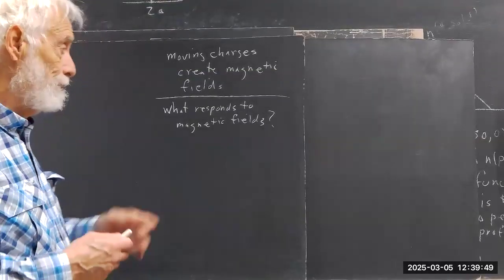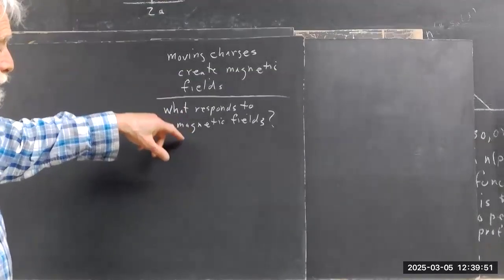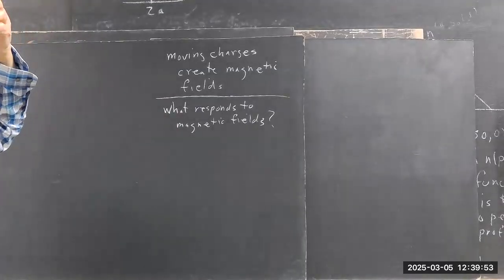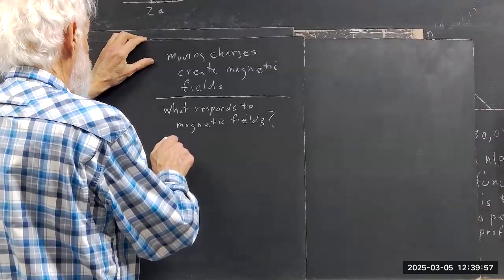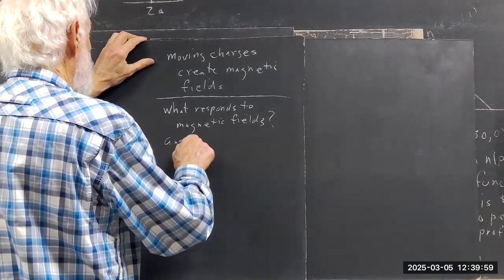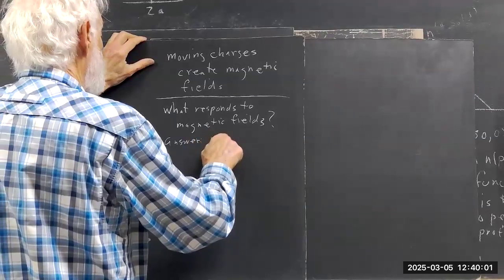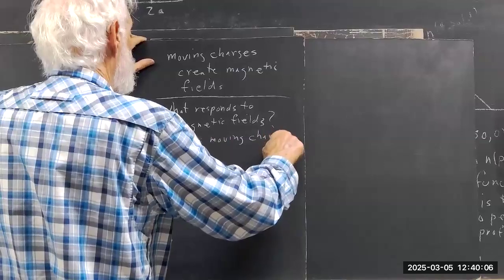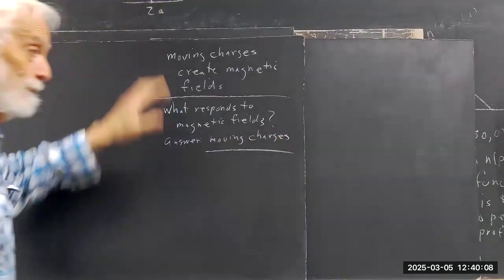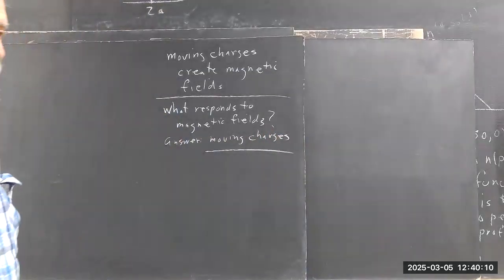And, well, that's kind of it. So the question is, what responds to magnetic fields? Moving charges. Moving charges create magnetic fields.